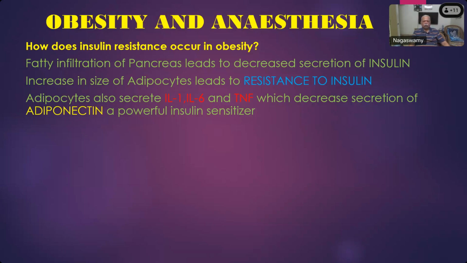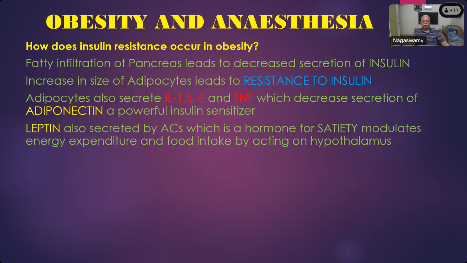In our normal system, adiponectin helps to stimulate the action of insulin. When the person puts on too much fat, the adipocytes secrete the inflammatory cytokines, which decrease this sensitizing hormone, adiponectin. So insulin is not stimulated to do its normal effect. That is another reason for the insulin resistance.